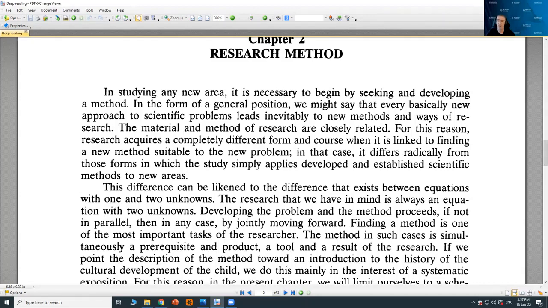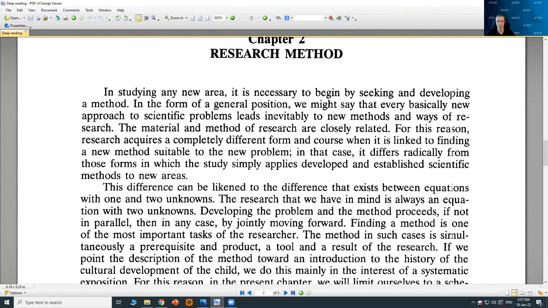And do you see any comparison here? It seems that Vygotsky is comparing two approaches to make a research in a new area. Yeah, and Vygotsky describes radical differences between two approaches.